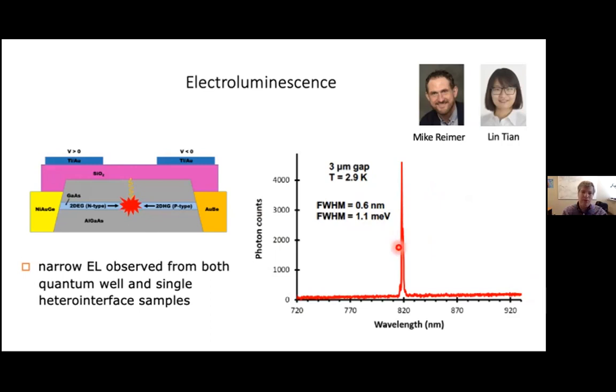Now, the other remarkable thing about this is that the emission spectrum is quite narrow. In this particular spectrum, we see that the spectrum is dominated by a single peak, which we ascribe to the neutral exciton, and the line width is about 1 millielectron volt. This particular device had a 3 micron gap between the top gates.